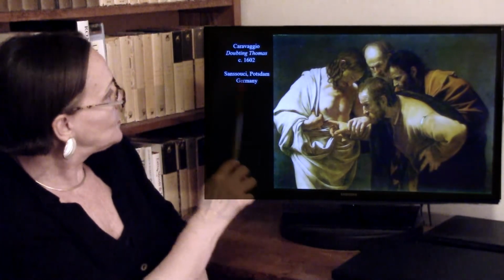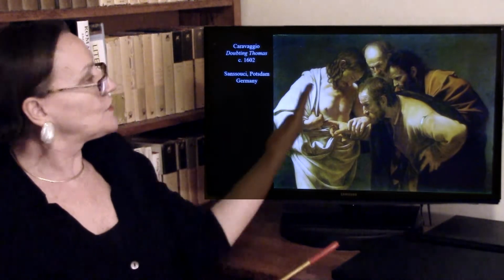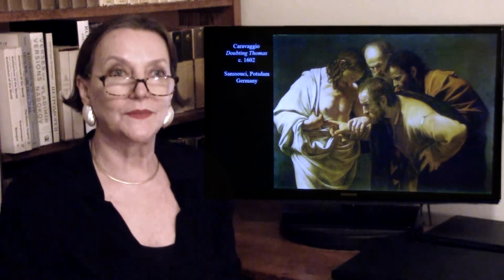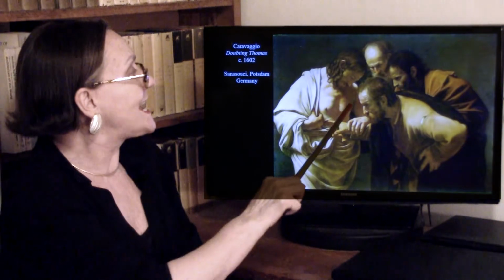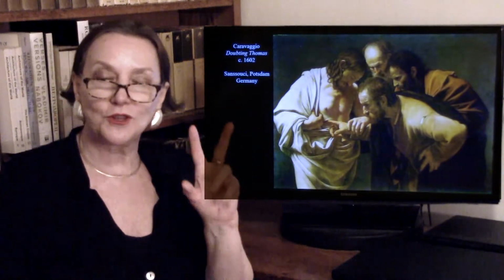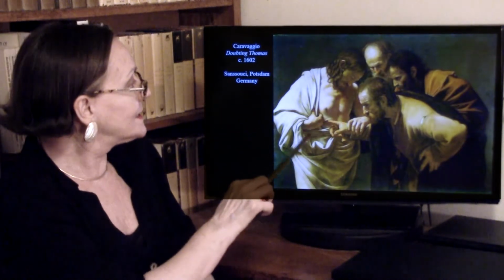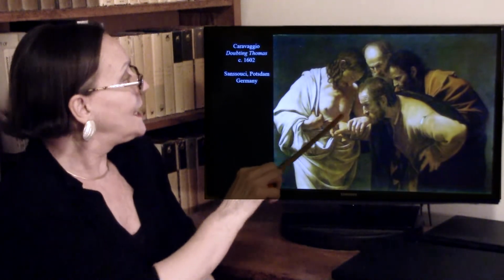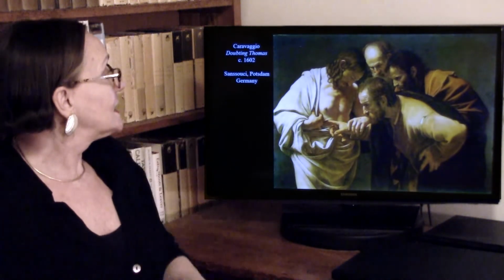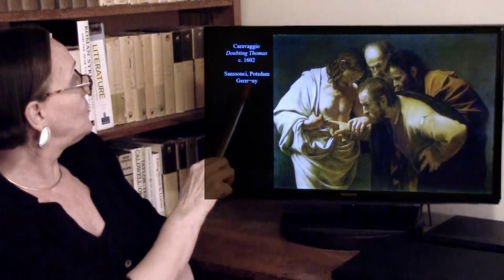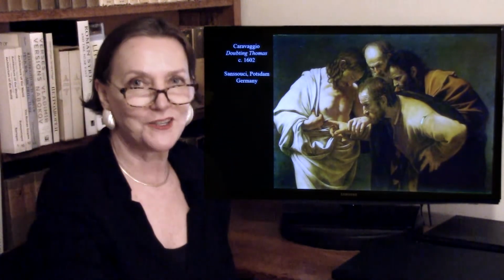And the light seems to come from the left, so that the light, of course, lights up Christ and Thomas's face. So the two most important things here are Christ and his wound, and of course Thomas's face. The painting is in Sanssouci in Germany, Potsdam.